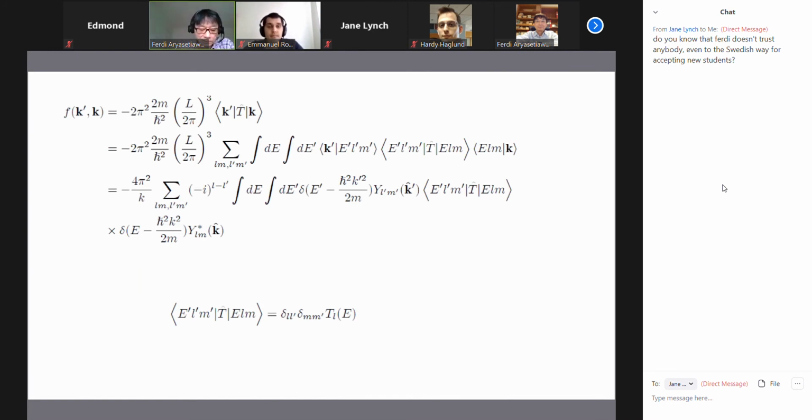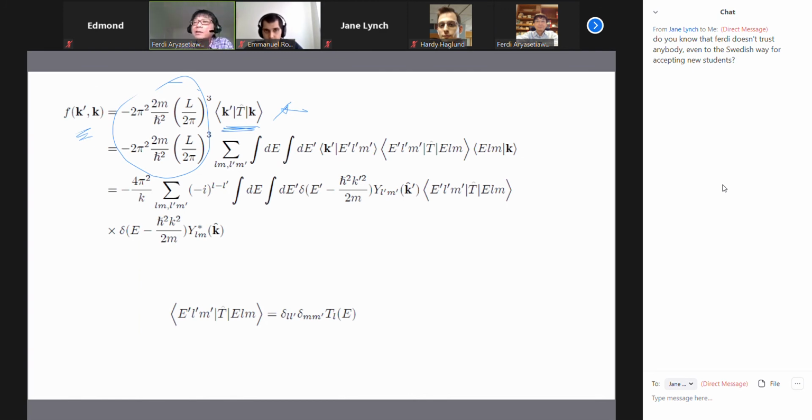So the scattering amplitude is just given by that matrix element of the T matrix between k prime and k. That's how we defined it earlier. You should not worry too much about all these constants here. Just focus on that part. So now we're going to insert.